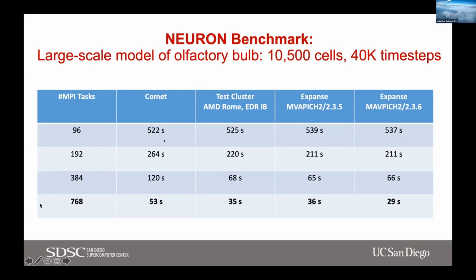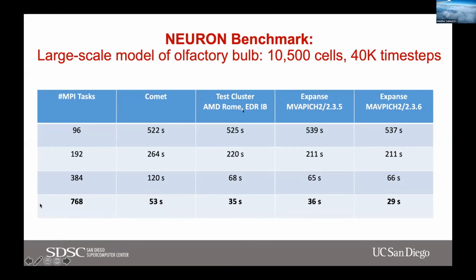So 96 would be 1 node, and 192 would be 2. 384 is 3 nodes, and 768 is basically 6 nodes. So it is densely put into the layout wise.